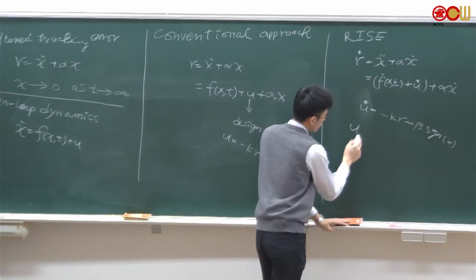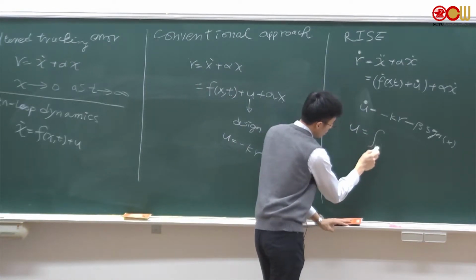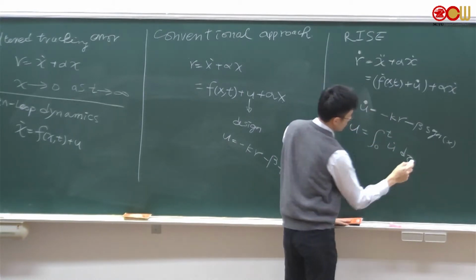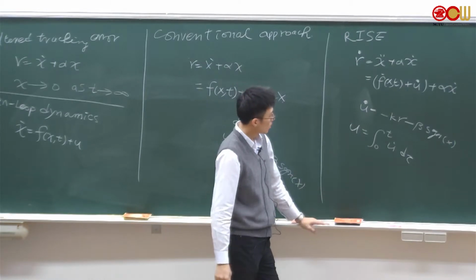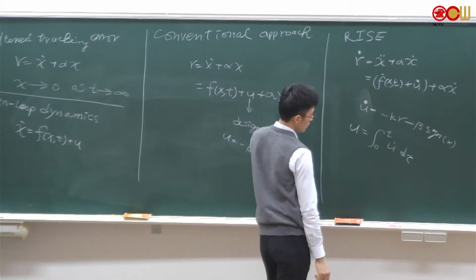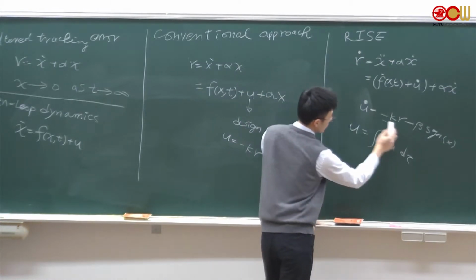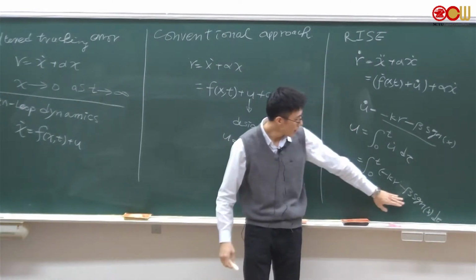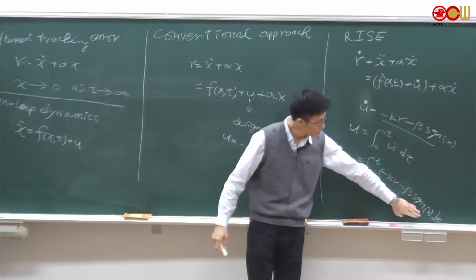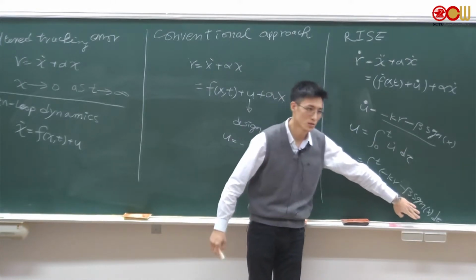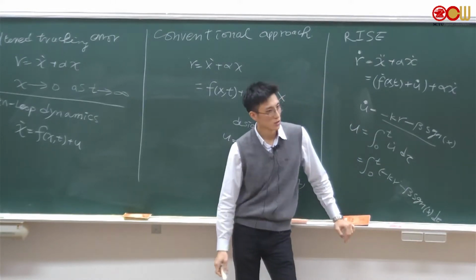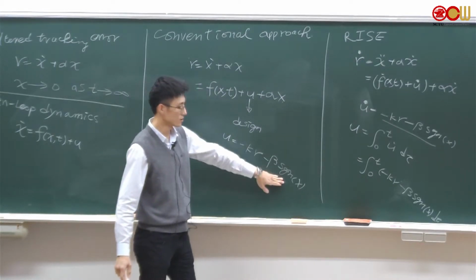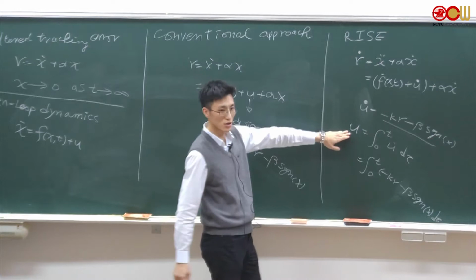When you implement the control, which is u, you need to integrate this u dot. By definition, this is u. Because you integrate u dot, you integrate all these terms, including some discontinuous, high frequency terms, and it becomes continuous. In the conventional case, the controller is not continuous because of the sign function. Now it's continuous.